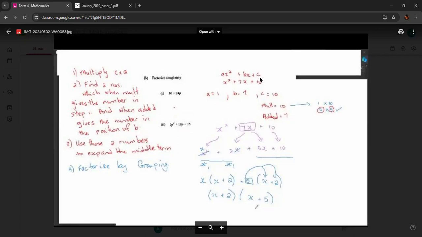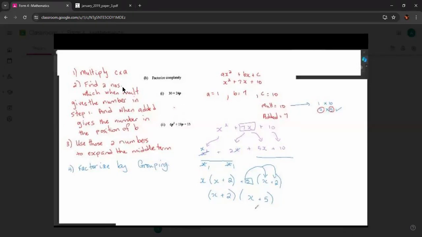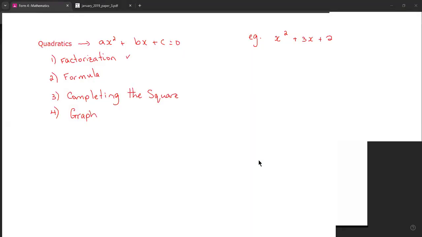Multiply the value of c by the value of a. You're going to find two numbers, which when multiplied will give you that product, and at the same time, when you add the same two numbers, you'll get the number in front of b. Then expand your middle term, and then we had to factorize by grouping. So you're following through with your rules.